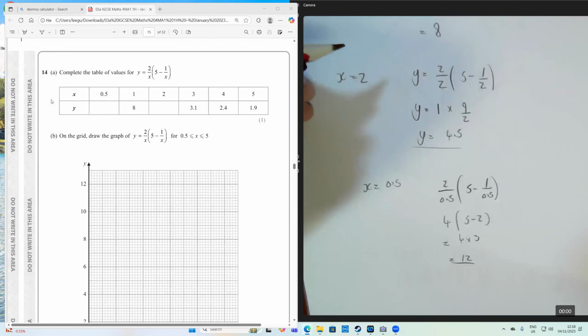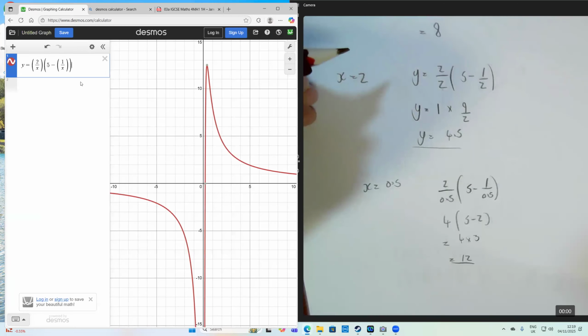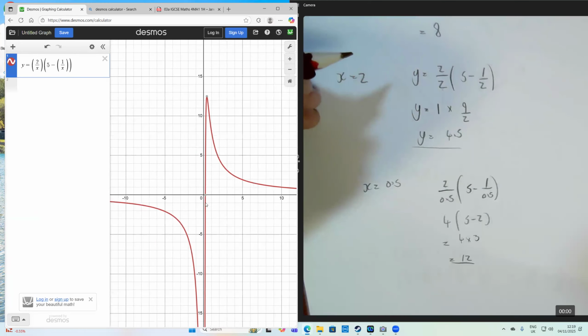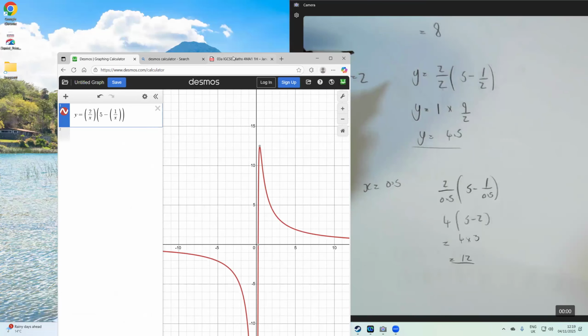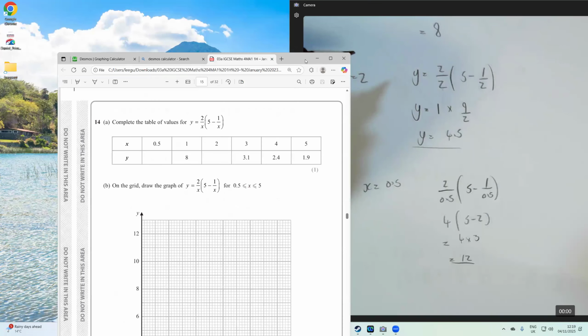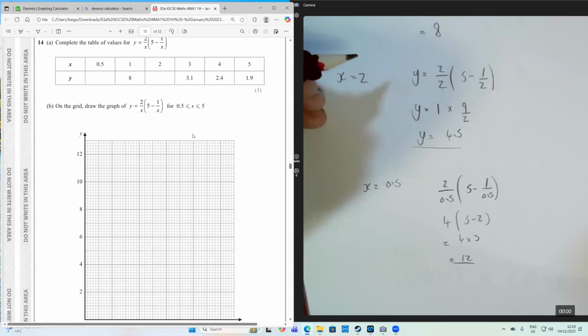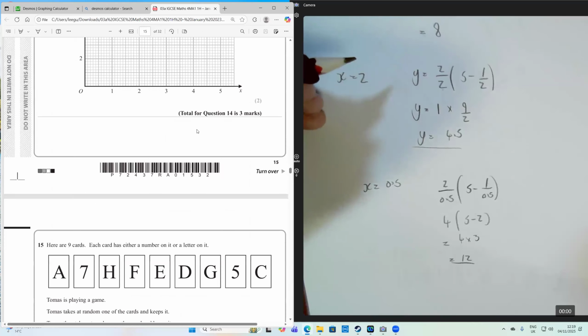Yeah, I used the good old Desmos graphing calculator to draw a little sketch of it. And that's what it looks like when you sketch it. Okay, and we're just interested in this bit here, the positive bit. So when you plot it on your graph, you're going to find out that you get a positive bit there. So you just basically plot those values on the graph for that next bit.